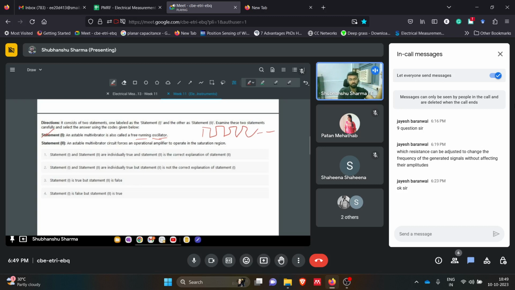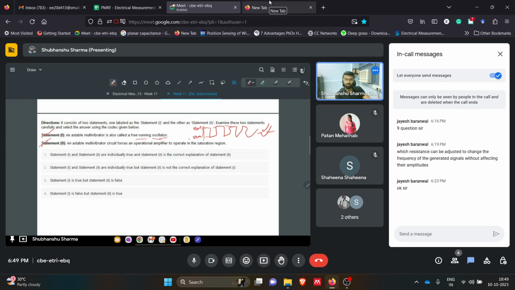I think this is also true, because this is what we get as output: a square wave, with V supply and negative V supply. All the positive feedback systems run in this saturation mode. That's why they are called positive feedback networks, not negative feedback. So this is also true.